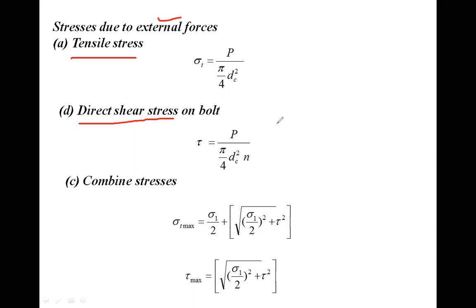That also we can find. If I combine these two, the tensile stress and shear stress can be combined by using the combined stress equation. So here we have seen different stress equations used for tightening or screwing up and because of external force.